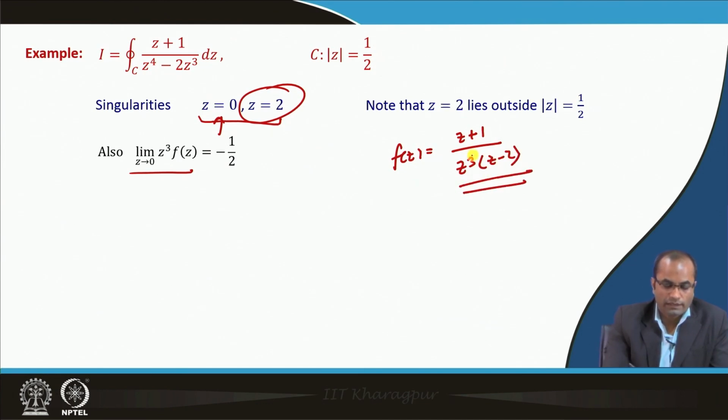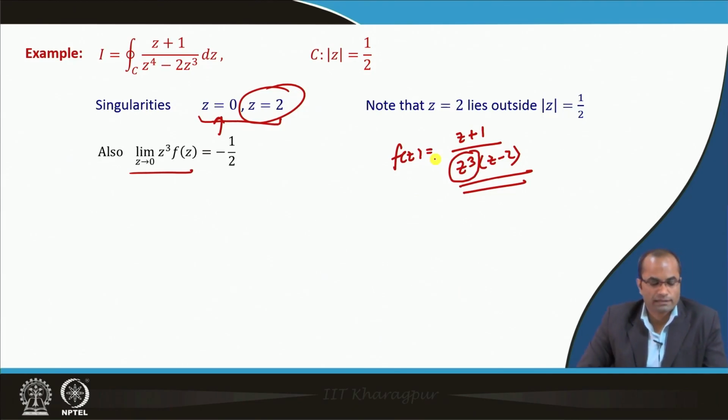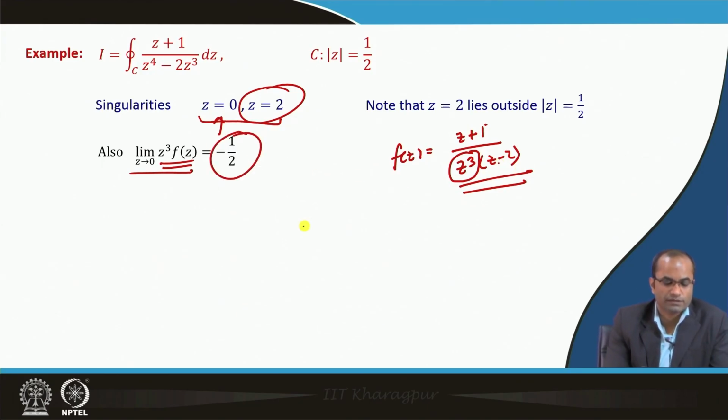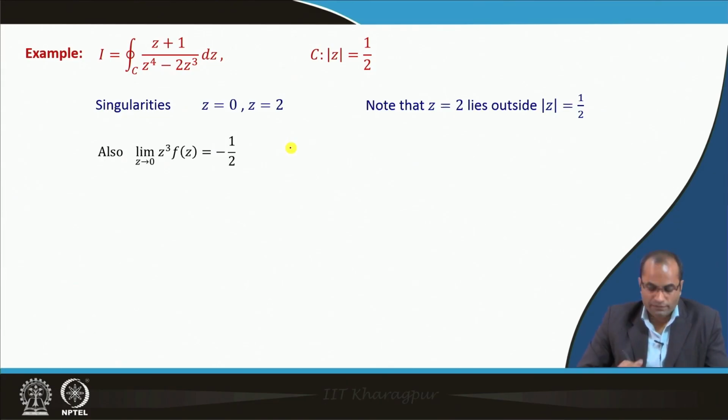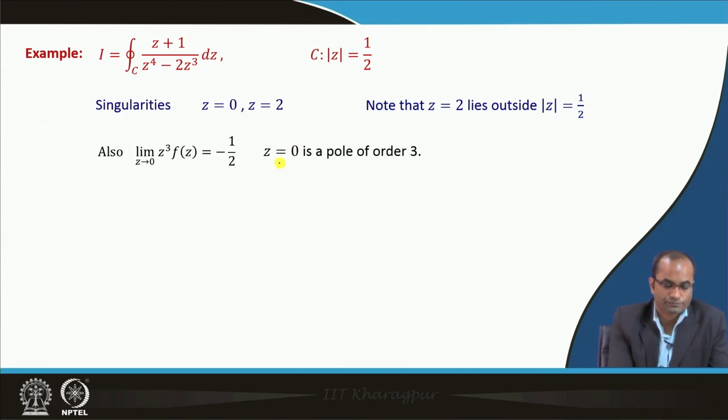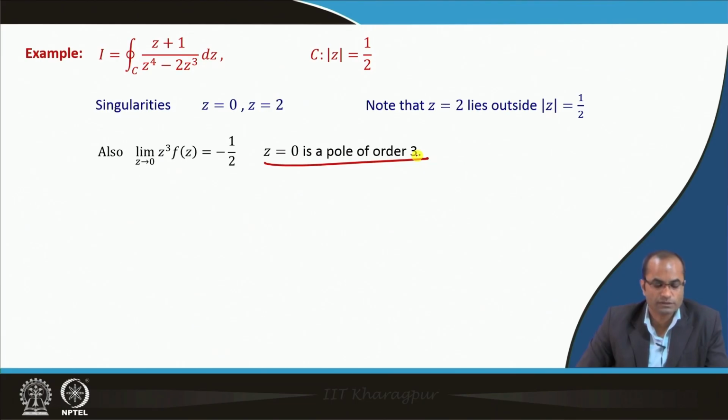So, clearly it is visible here that we have to check with this z cube f(z). This is going to be a pole of order 3 if this limit exists, and obviously when z goes to 0, 1 over minus 2, so minus half is coming there straight away. So, this is a pole of order 3.